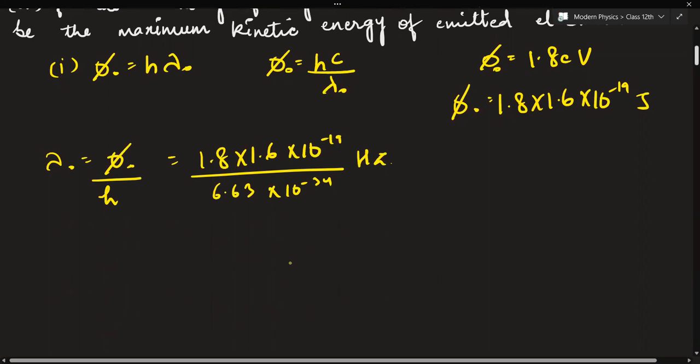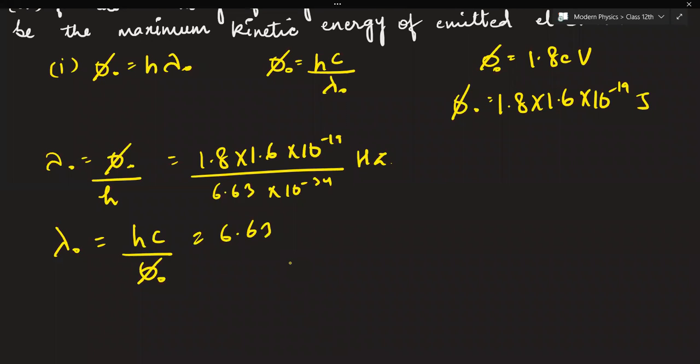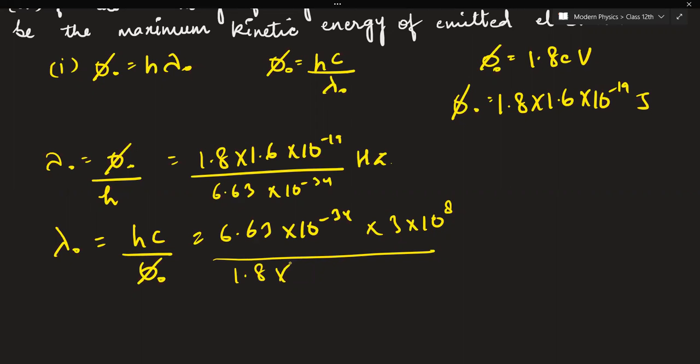And the same thing for the threshold wavelength as well. Lambda naught will be equal to hc by phi naught. So 6.63 into 10 to the power minus 34 into 3 into 10 to the power 8 meter per second, divided by the work function, 1.8 into 1.6 into 10 to the power minus 19.